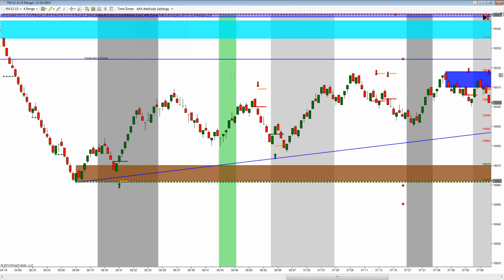You'll notice that the first 15 minutes, which is this little green area here, or time zone, it's a lot smaller. It's only about 3 minutes in length, because we're looking for a lot of times a retracement to happen at the first 15 minutes. Don't know why it happens as such, but it does.